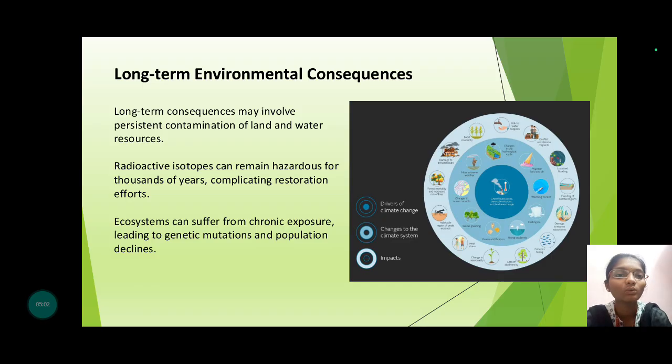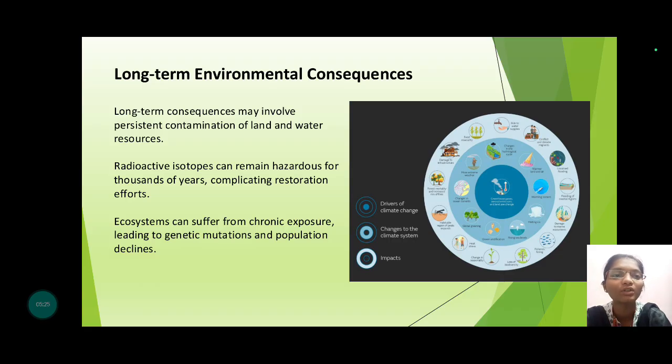Long term consequences may involve persistent contamination of land and water resources. Radioactive isotopes can remain hazardous for thousands of years, complicating restoration efforts.